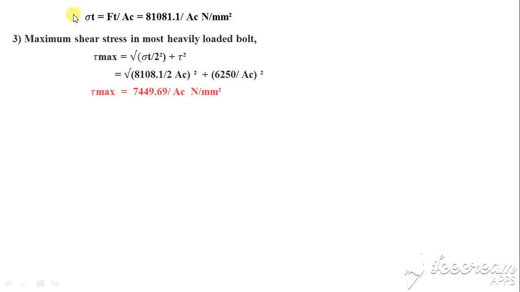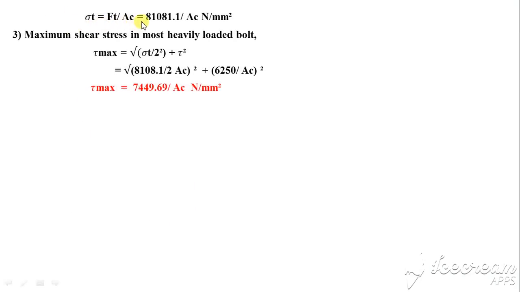So for the same bolt, bolt number 2, I am using the equation Ft upon AC, calculating those values Ft, AC in the same equation format. Maximum shear stress theory for bolt number 2, by applying the equation tau max equals square root of (sigma by 2) square plus tau square.